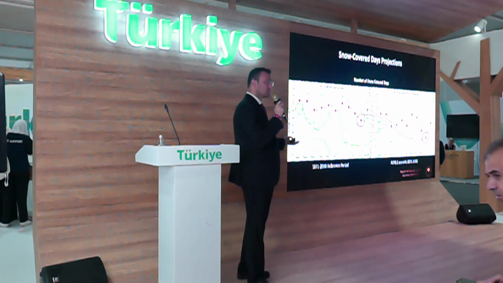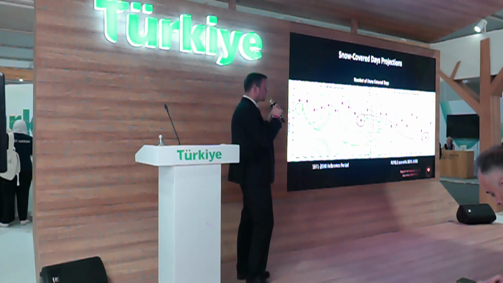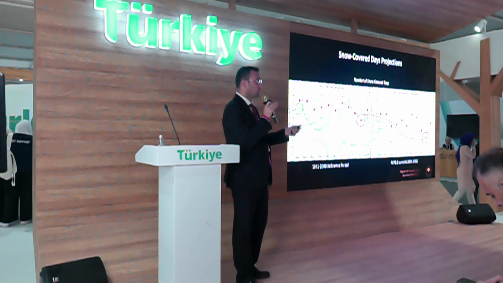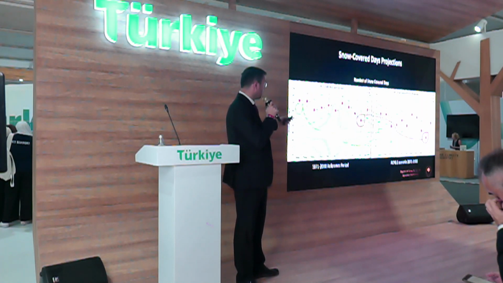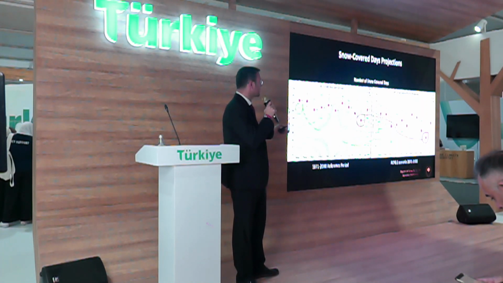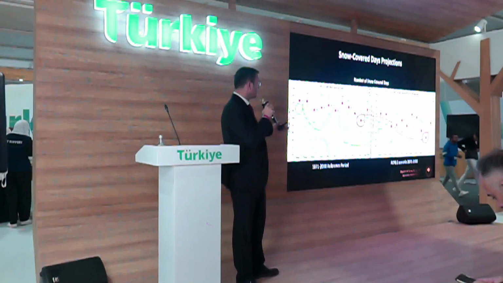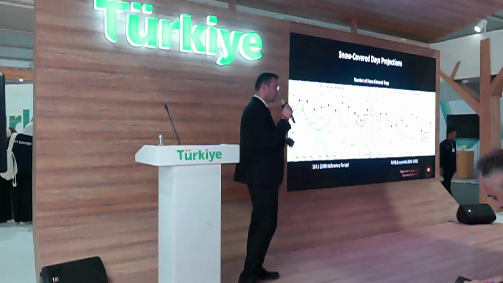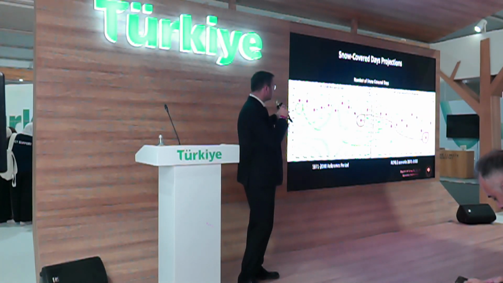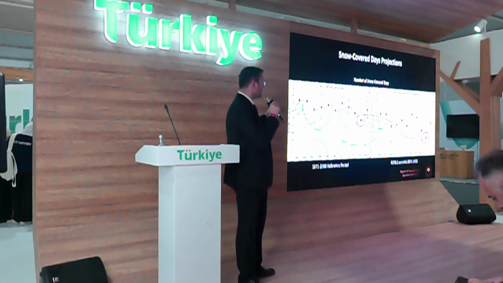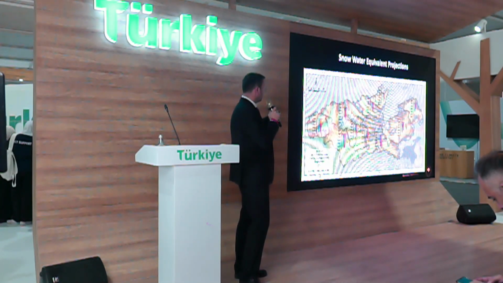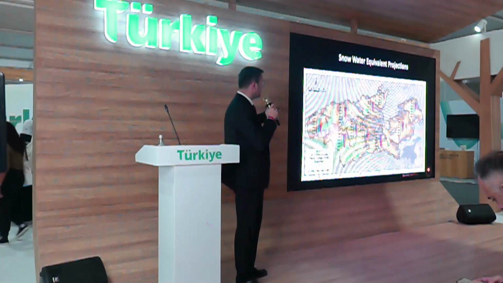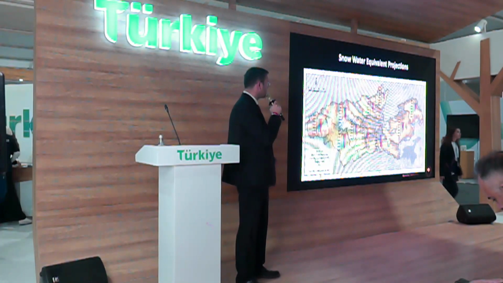As a result of this study, we observed that in the percentage of snow-covered areas, there will be a decrease. Also, in the number of snow-covered days, we will observe a decrease again, and this change will be up to 55 days in some regions. We also obtained this figure showing snow water equivalent projections.